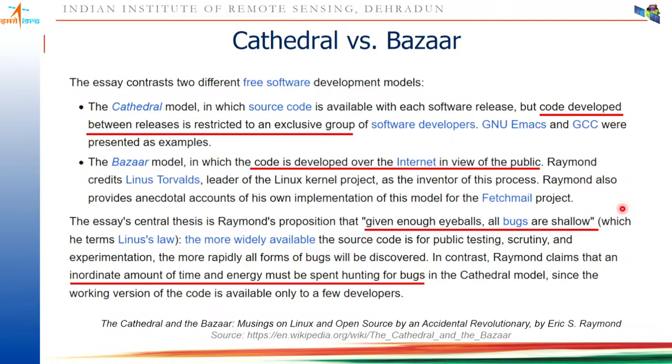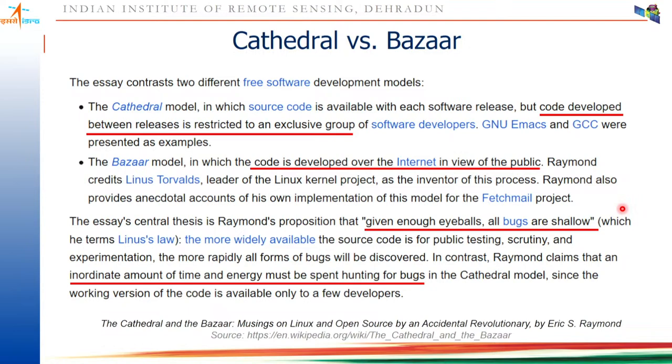First one is called the cathedral model, in which the source code is available for each software release, but the code developed between releases is restricted to an exclusive group of software developers. That means only a specific group of people know how the code works and know how to improve or change the software. Some examples are GNU Emacs and GCC, which is a very popular C compiler.